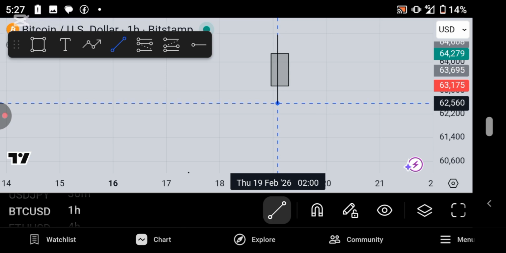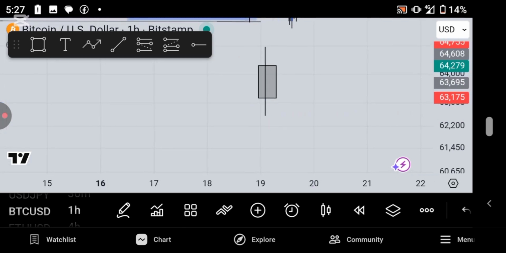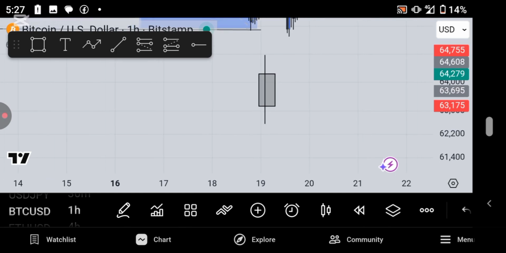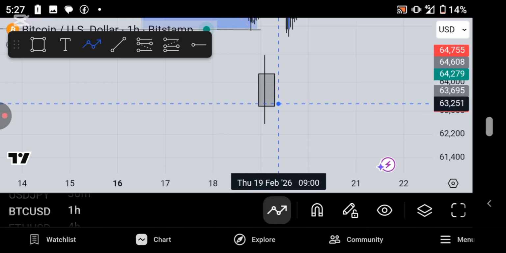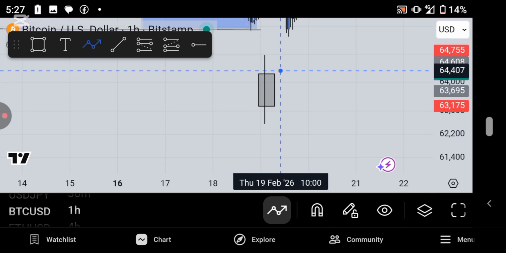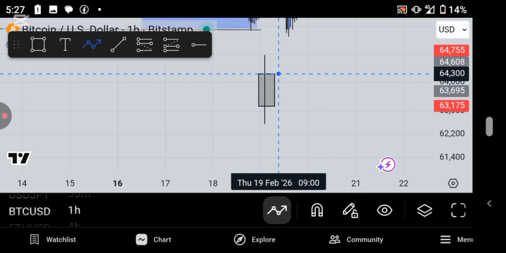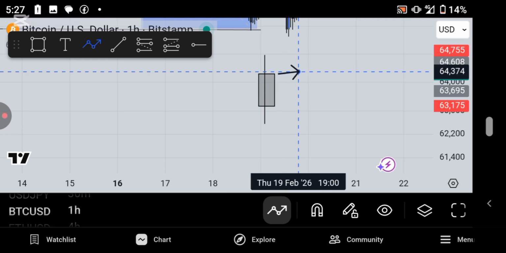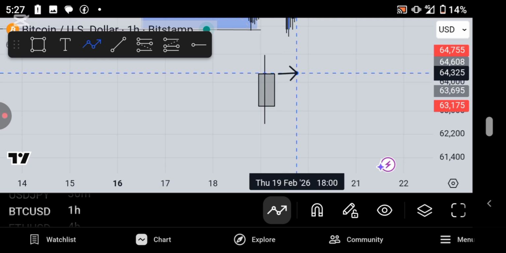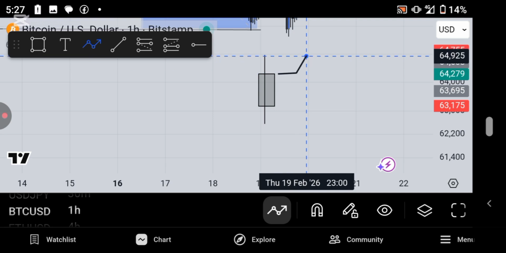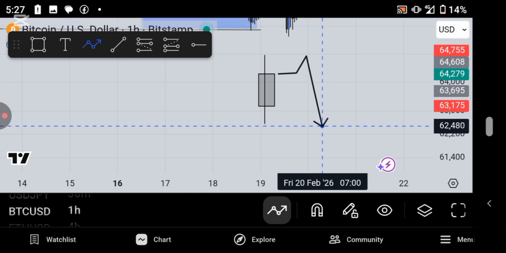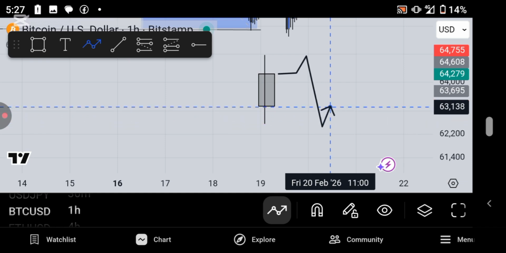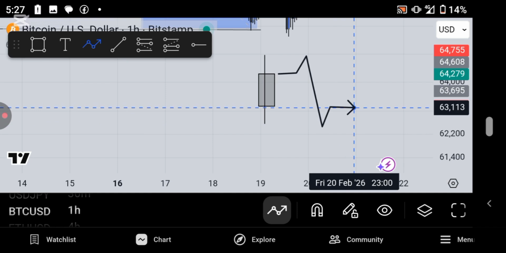So let me start by explaining the candlestick anatomy. So let's assume this is a bearish candle. So what is a candlestick anatomy? If this is a bearish candle, it means this candle opened at this point, and at some point in time the candle moved up high to this point, then the candle expanded to this point, then the candle closes at this point.